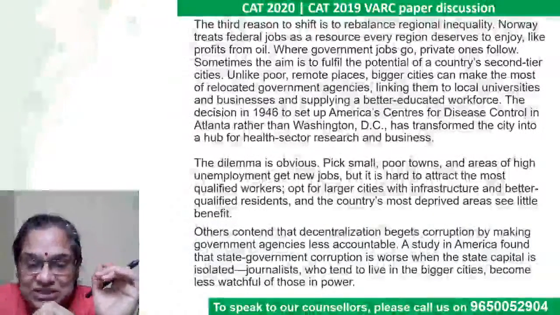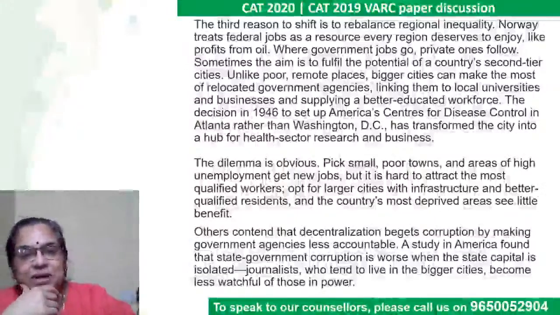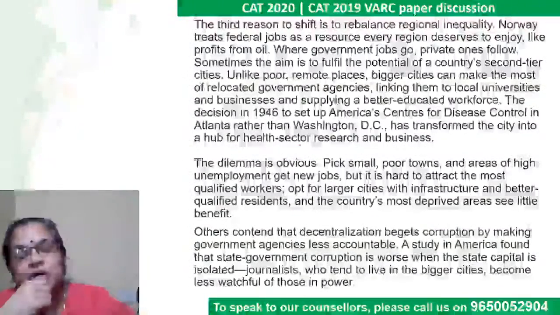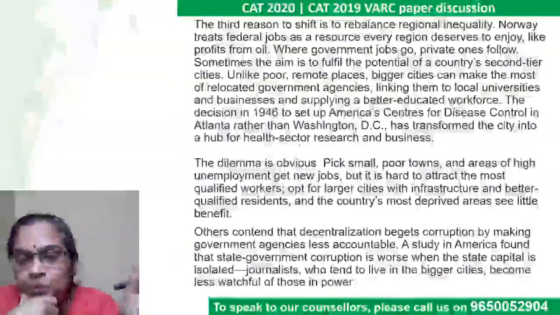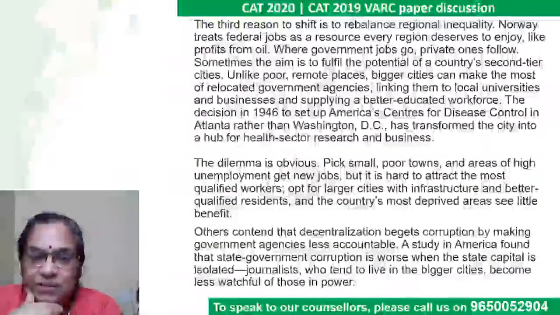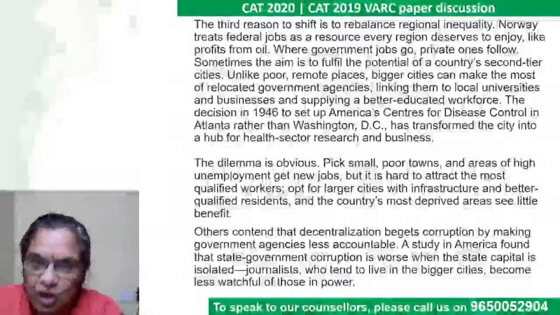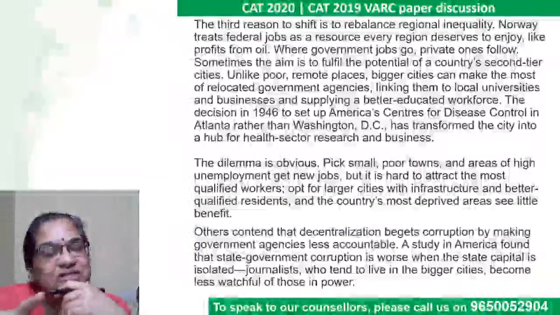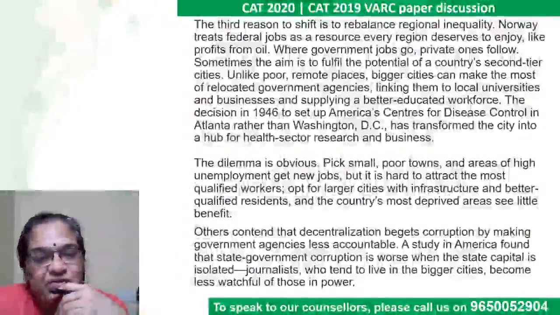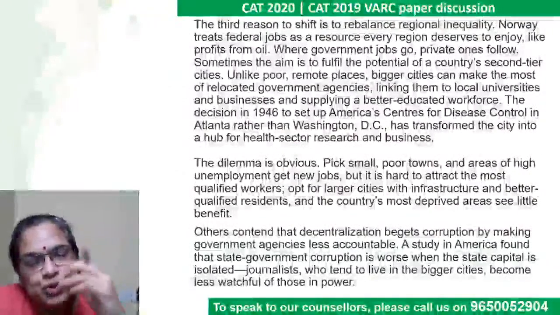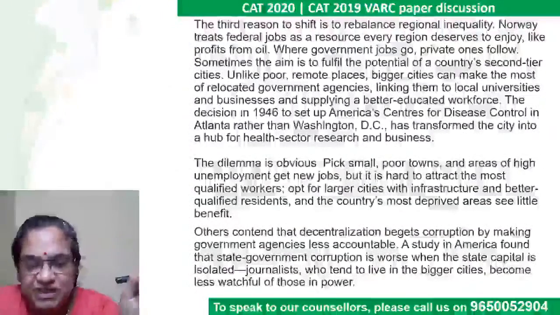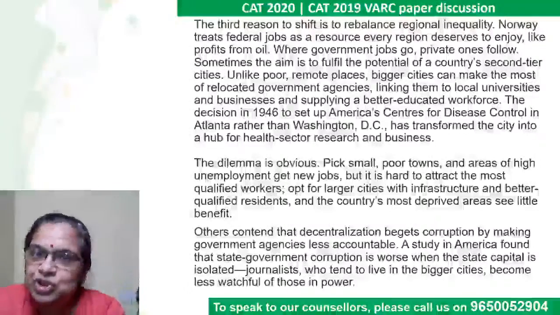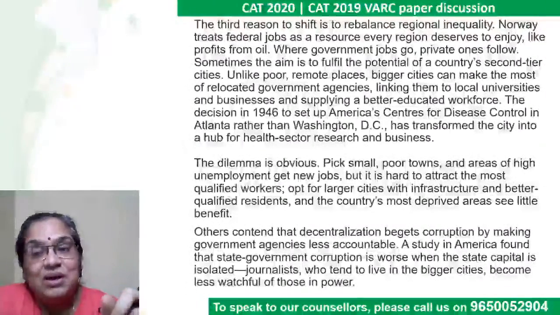All right. Now the second, there is this dilemma. Therefore, what is the dilemma? Do you pick small, poor towns and areas of high unemployment to get new jobs? Does the government do that? But it's hard to attract the most qualified workers there. You choose a remote place where there's high unemployment, people will join you, but do you get the best people?